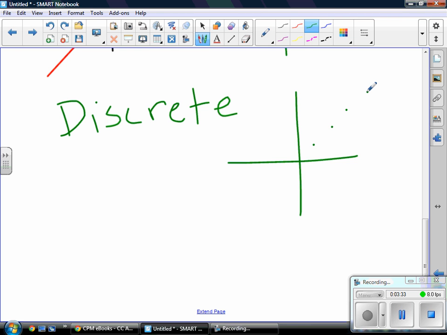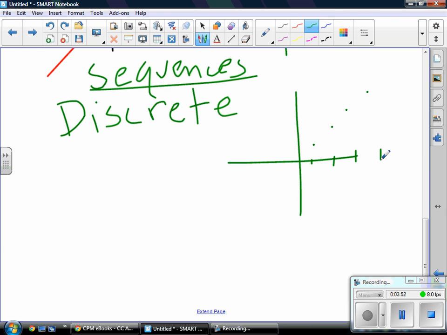We talked about this a while ago with the bouncy balls, dropping the balls from different levels. We said number of trials. We didn't have a half of a trial or a 3.25 trial number. We just had integers being our trial numbers: 1, 2, 3, 4. So that means my domain is limited with my sequence.